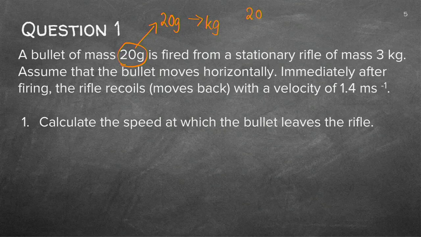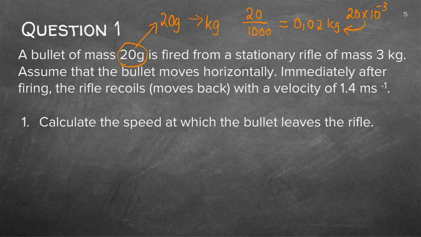I divide by 1,000, which will give me a value of 0.02 kilograms. If you have a strong math sense, you could have written 20 times 10 to the minus 3, which is exactly that answer. But if you're unsure, divide it by 1,000 and work with your 0.02 kilograms.